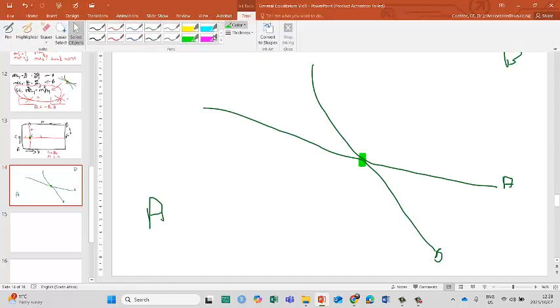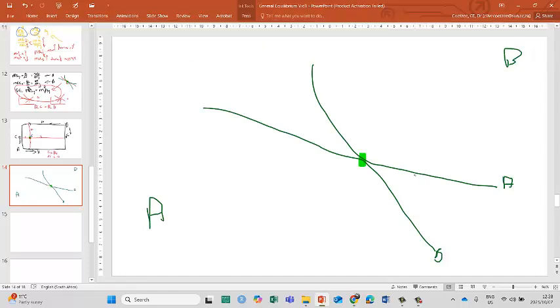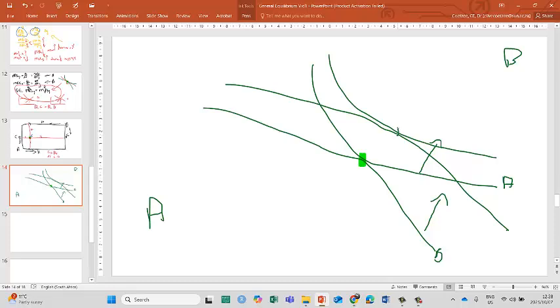So for example, now, if A wants to increase its utility, it must move this way. But the only way you can do that is if B moves that way as well. Now in this case, person A benefits because he's moving from this indifference curve to that indifference curve, which is a higher indifference curve, because remember A goes this way.